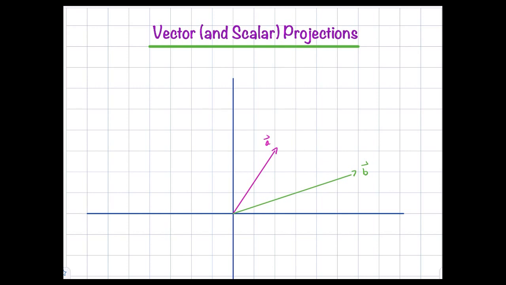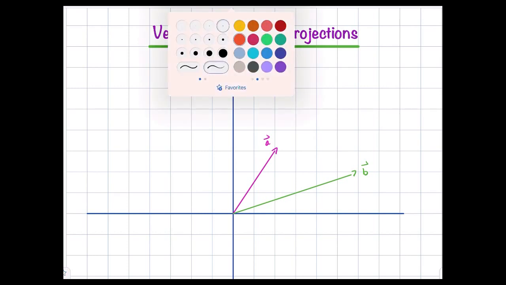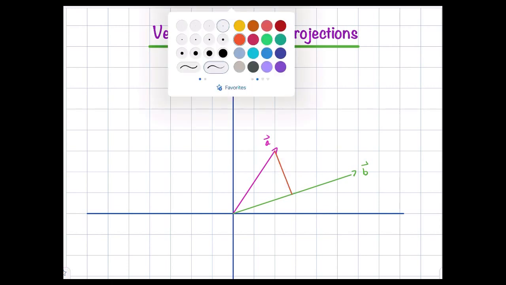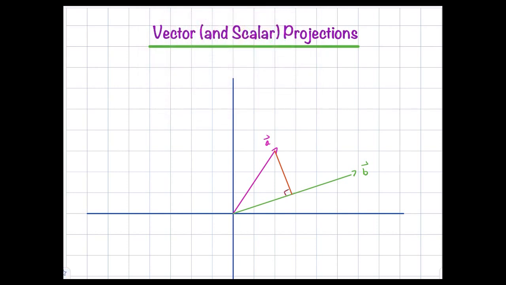So first of all, what is the idea behind projections? You've probably seen something like this, where they say, okay, the projection of a vector A onto a vector B is what happens when I go from the tip of A and draw a line down to B at a right angle.